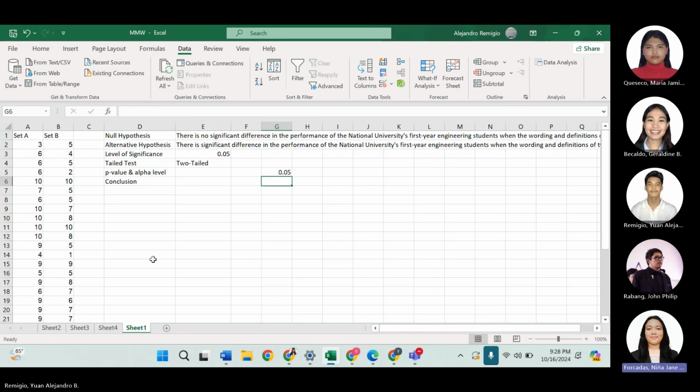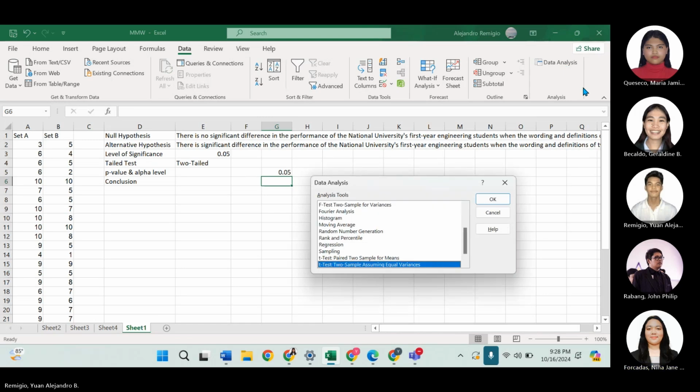So, we get the p-value with the use of data analysis. There you see the different statistical tests. We use the t-test, two-sample assuming equal variances.